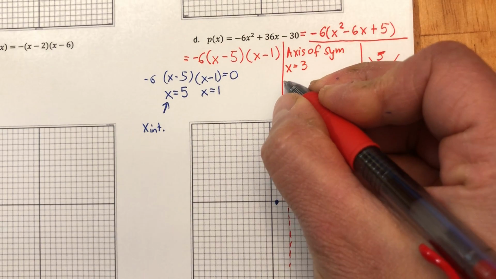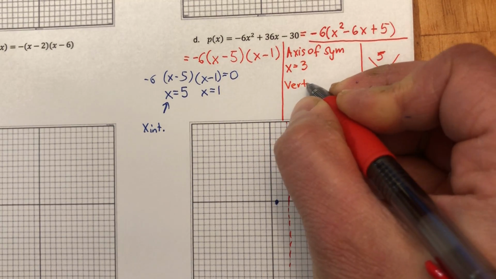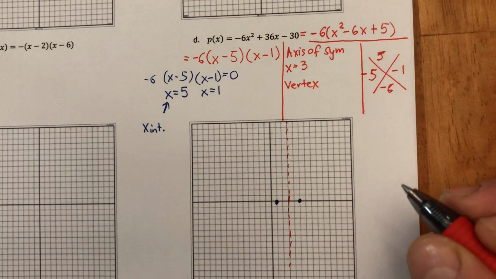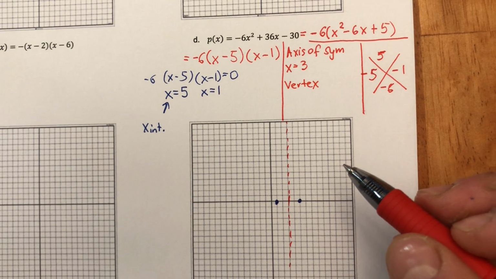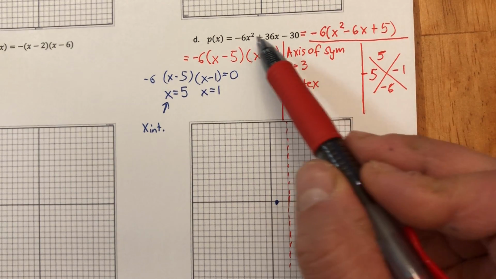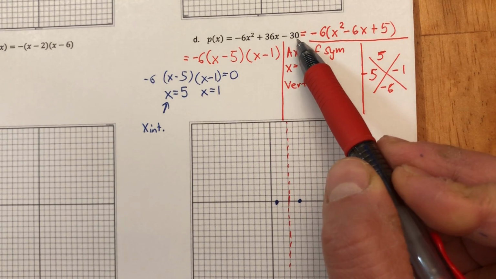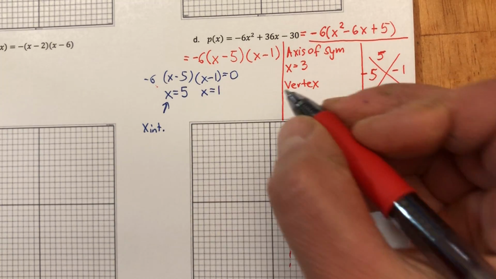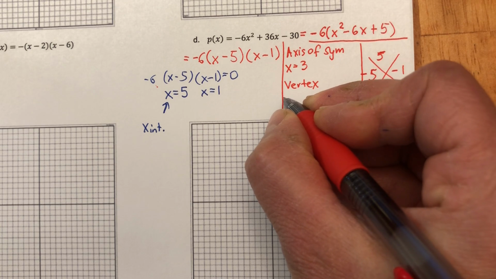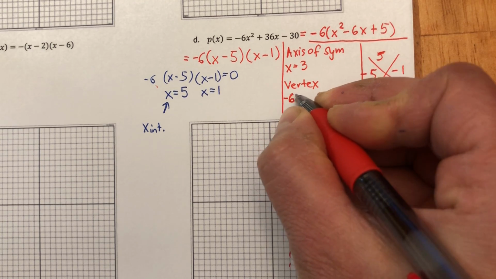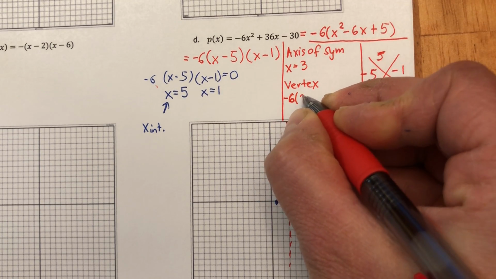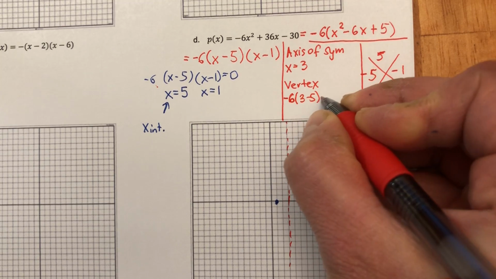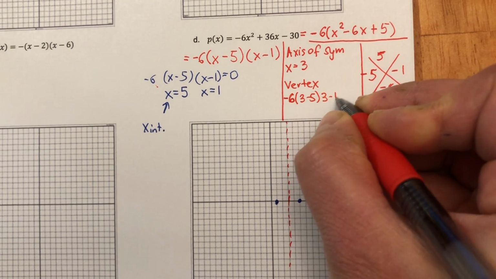And to figure out the vertex, I am going to plug in 3 everywhere in place of x in my equation, and you can either use the original one or you can use the factored form. I am going to use the factored form. So -6 times (3 minus 5) times (3 minus 1).